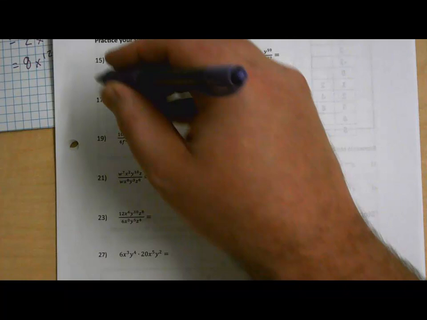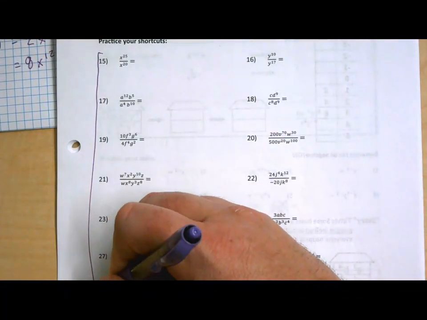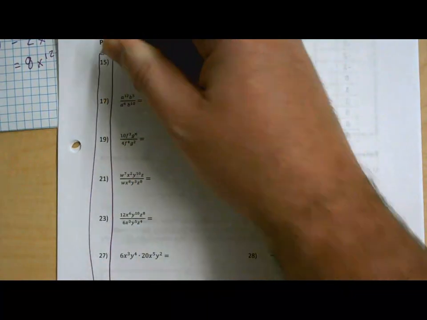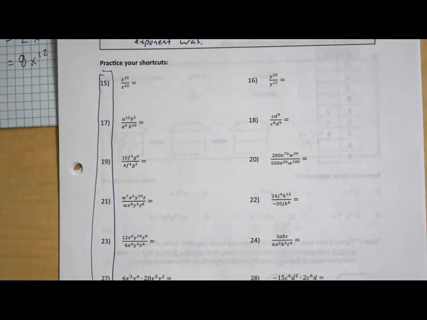And if you can get through just the left-hand column up through number 29, we'll call it good. Finish those up, just that left-hand column. If you want some extra practice, you can do the even-numbered problems too. Let's focus on the odds for right now. I'll put answers up on the screen here in a few minutes so you can check. If you finish before I do that, let me know and I'll get you started on the assignment, okay? Please let me know if you need any assistance with this.